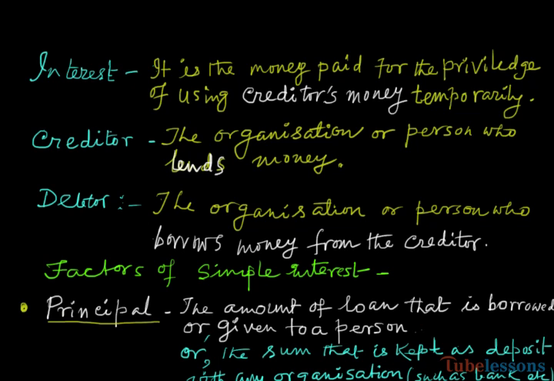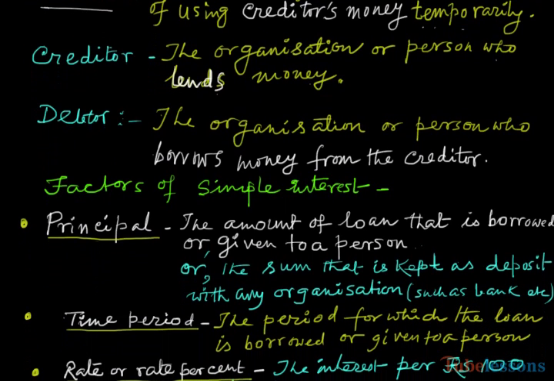So these are the things we have discussed. Interest is the money paid for the privilege of using a creditor's money temporarily. Creditor is the organization or person who lends money, and debtor is the organization or person who borrows money from the creditor. Factors of simple interest.